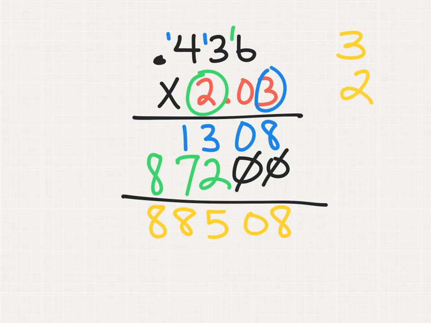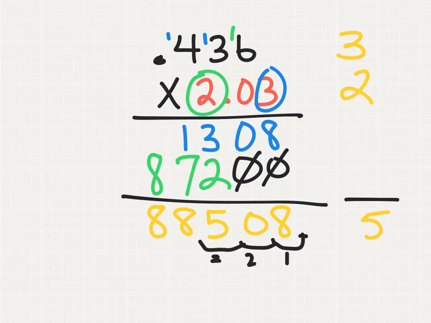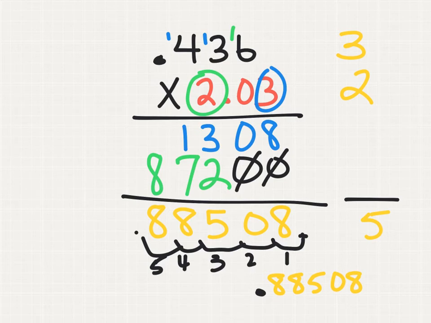For a total of 5 digits, which means my decimal, which is here, needs to move in 5 times so that I have 5 digits to the right of my decimal, making my solution 0.88508, or 88,508 hundred thousandths.